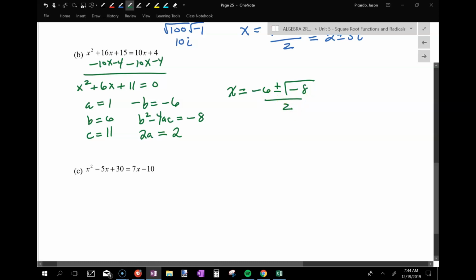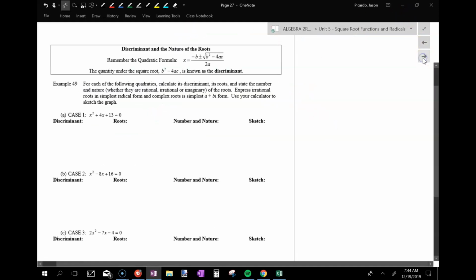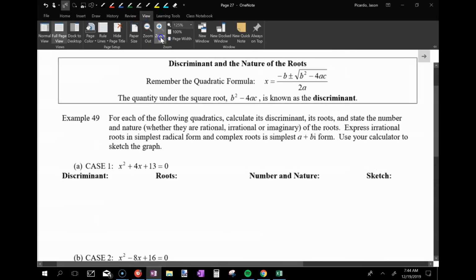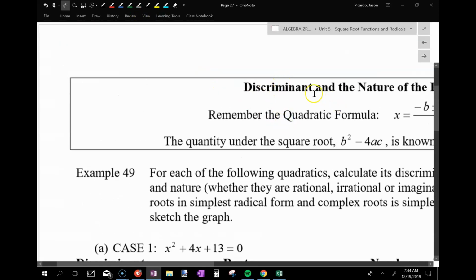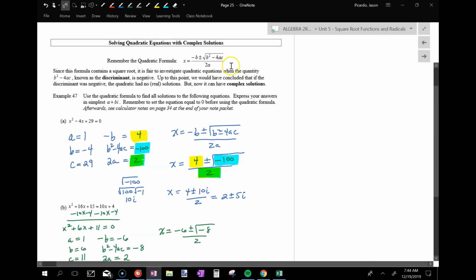Do me a favor, flip the page to, actually you don't need to. If I go a couple of steps ahead here, guys, our next lesson is going to be based on this word. This word's called discriminant, okay? I'm going to start using that phrase today, okay? A discriminant, guys, is nothing more than, ready?